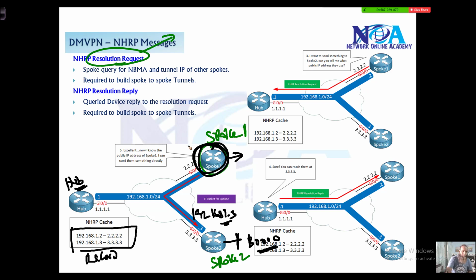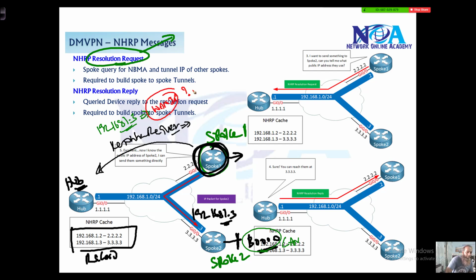So spoke 1 is going to send out a request, a resolution request this time, not registration. This resolution request is asking that to reach this LAN, I should go via 192.168.1.3, the next hop, as per my routing table, and what is the WAN IP or public IP to reach that particular tunnel IP.